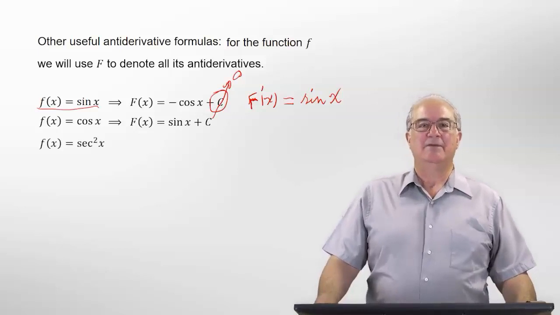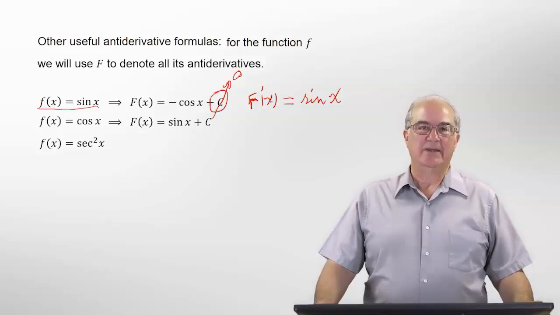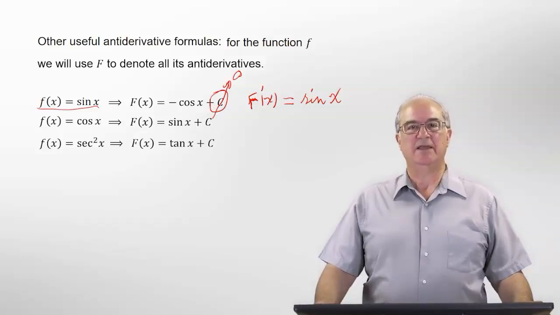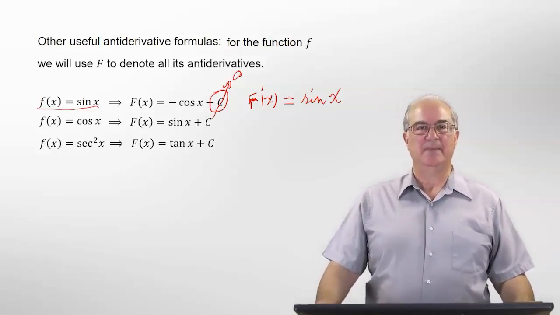Similarly, if we want antiderivatives for the secant squared of x, well, we know that one of them is the tangent of x, and therefore the family of all of them is F of x equal tangent x plus c.